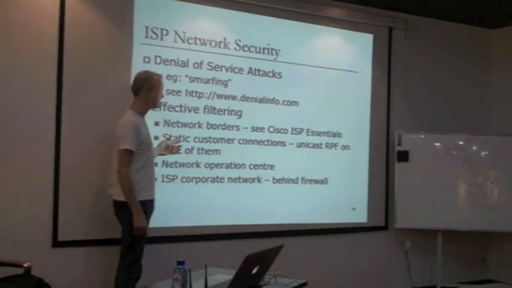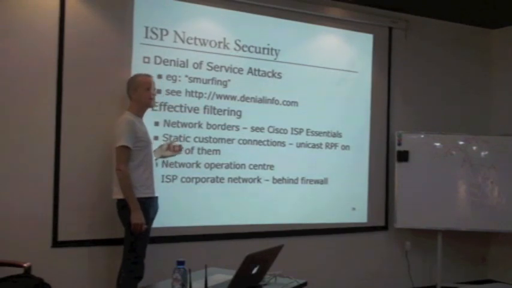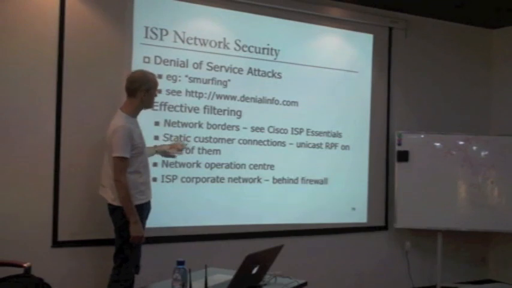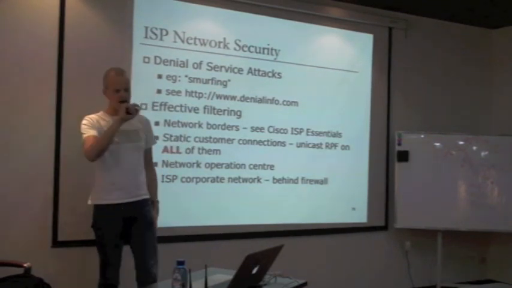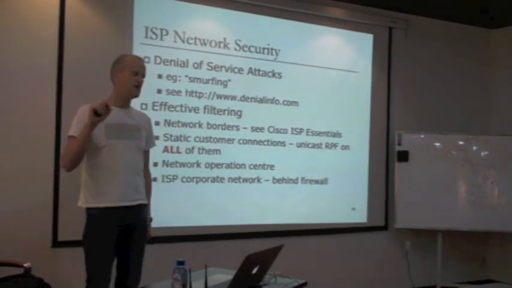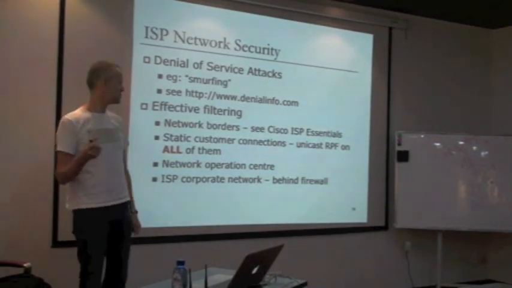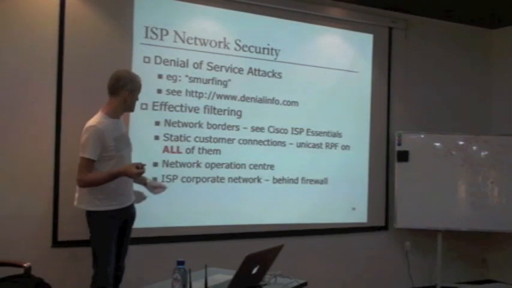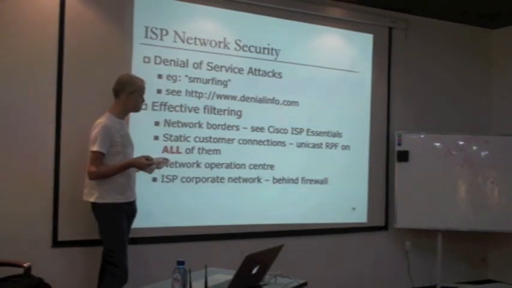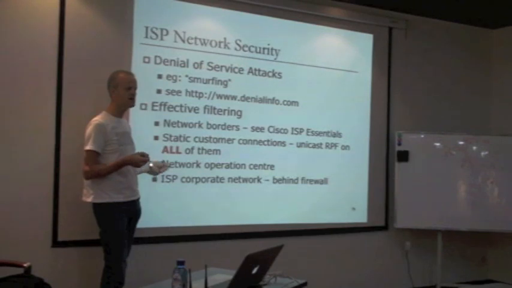Static customer connections. I talked about unicast RPF on Tuesday, wasn't it? Make sure all your static customers have RPF on the interfaces. And that way, you stop them sending packets apart from those you are expecting. Network Operations Center, make sure it's protected as well.